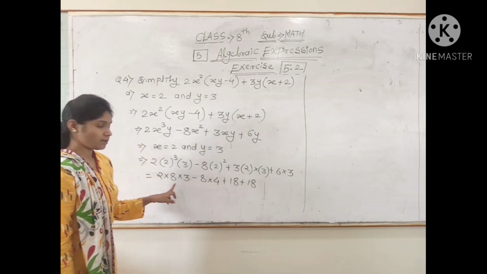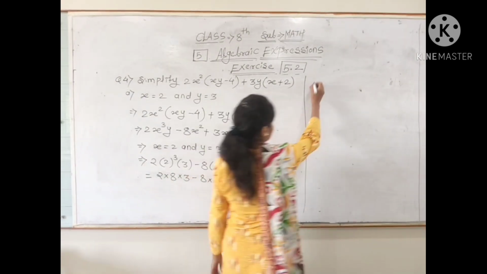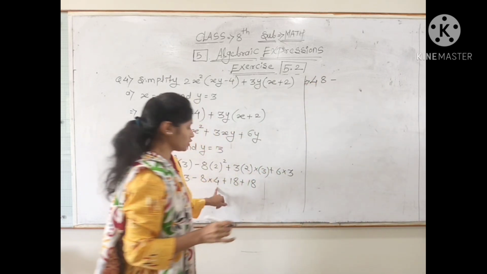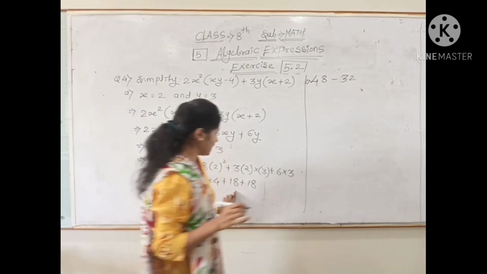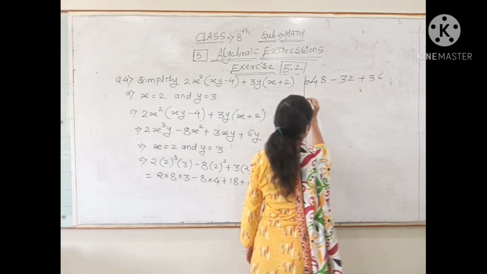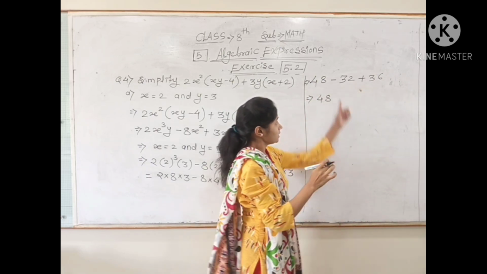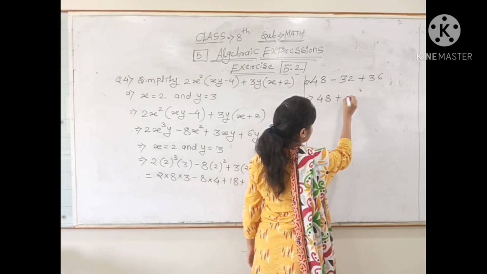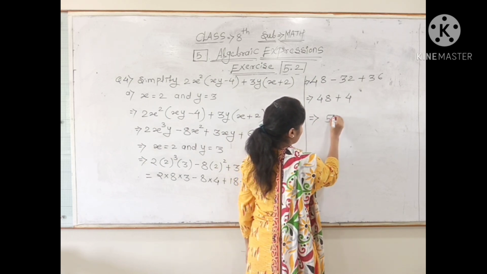Okay, after that, number 8 times 16? 16 3s are 48. 48 minus 8 4s are 32. Then 18 plus 18 is 36. So 48 minus 32 plus 36 is 52.